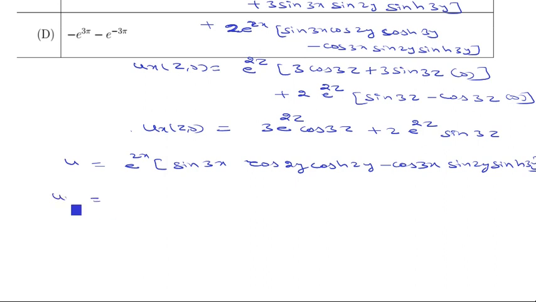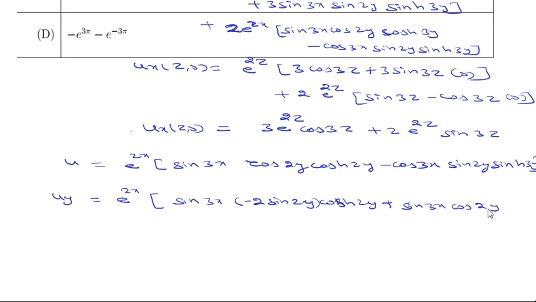So now we will find uy. So uy is equal to e power 2x times sin 3x. The derivative of cos 2y will be minus 2 sin 2y, and this will remain as it is, cosh 2y. So now apply the product rule. So sin 3x will be as it is, cos 2y.